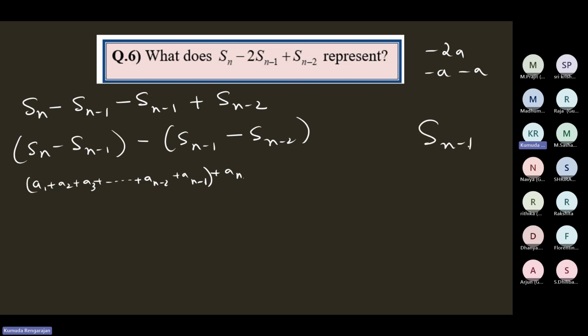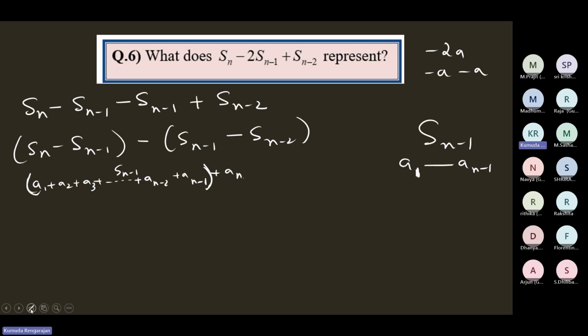Sn minus 1 is the sum of all the terms from the first term to the n minus 1th term. So the sum from here to here is Sn minus 1.